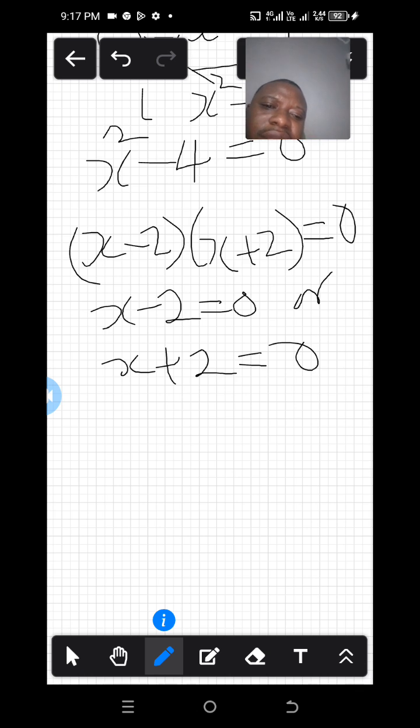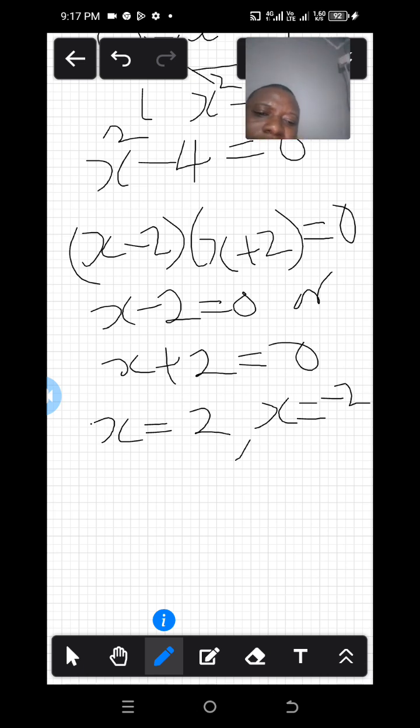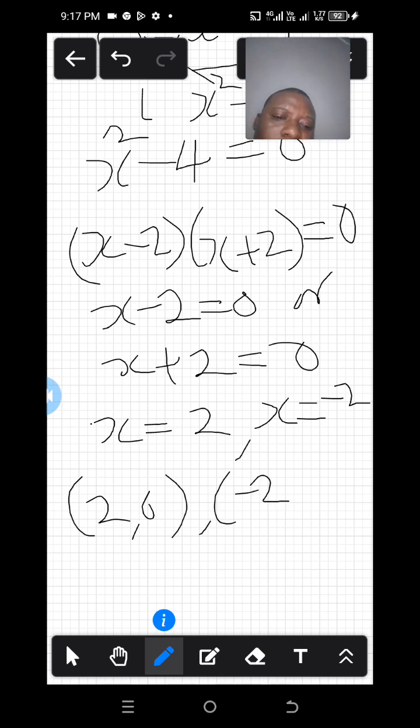So the intercept will be x equals 2 and x equals minus 2. To write it, it will be 2, 0 and minus 2, 0. So those are the x-intercepts.